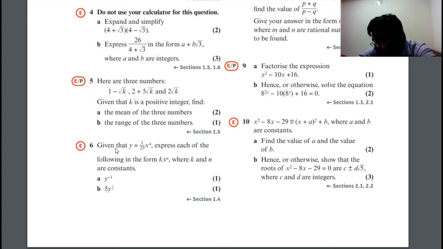Given that y is equal to 1 by 25 x raised to the power 4, express each of the following in the form kx^n, where k and n are constants: y inverse, 25 x minus 4.